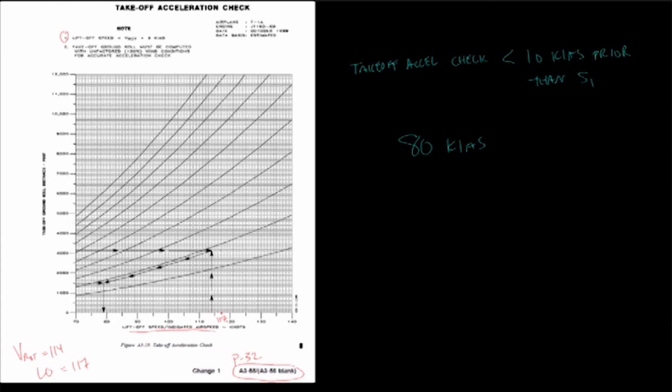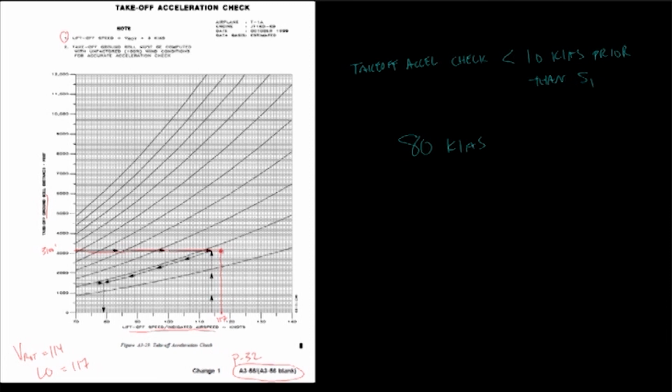For this example, we don't have any set data, but let's just say our takeoff ground roll today is about 3,100 feet, just an arbitrary number to work out this problem. So we take from 3,100 feet, straight line, and meet up at 117. I'm not quite done yet, but we have that point.